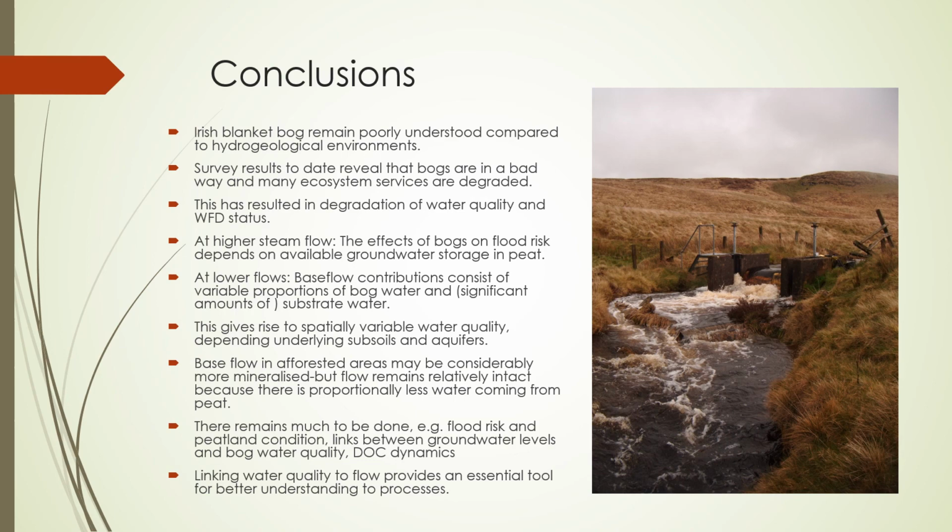While at lower flows, the conditions and the geochemical setting of the materials underneath the peat can play a progressively stronger role in influencing runoff water quality. What we also see is that there are significant spatial variations in water quality, and that's linked to the nature of the materials underlying the peat.